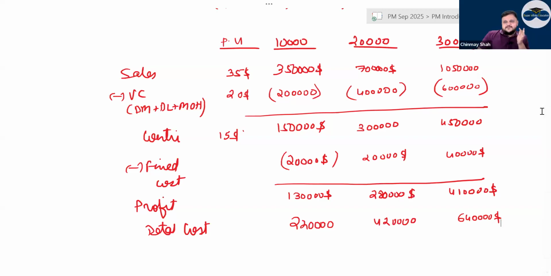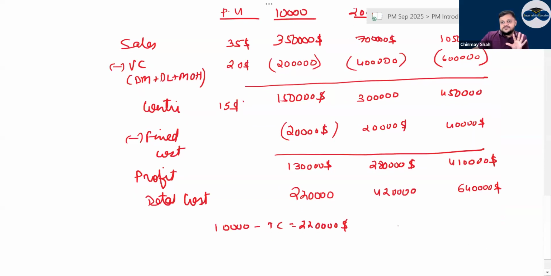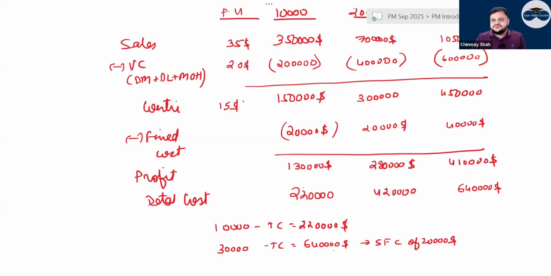नाउ सी, एक मिनट, राइट। इफ आई हैड गिवन यू समथिंग लाइक दिस, हियर मी आउट, ओके। इफ आई हैड गिवन यू 10,000 यूनिट्स पे टोटल कॉस्ट इज $220,000, सुन लो, total cost is 220,000 and at 30,000, correct, total cost is let's say 640,000, सुन लो। And I had given there is a step fixed cost of $20,000 added in this 640,000, right?